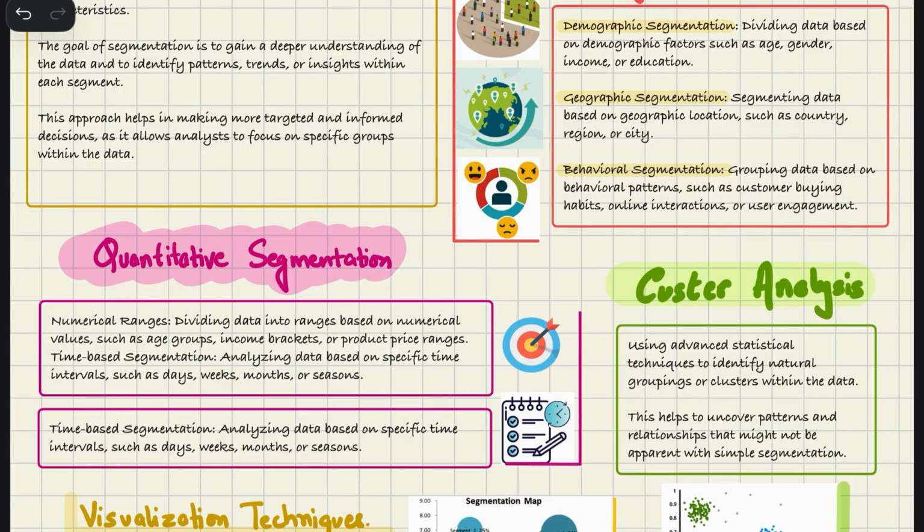All right, that is how cluster analysis works. It is letting AI or machine learning find the patterns within your data.